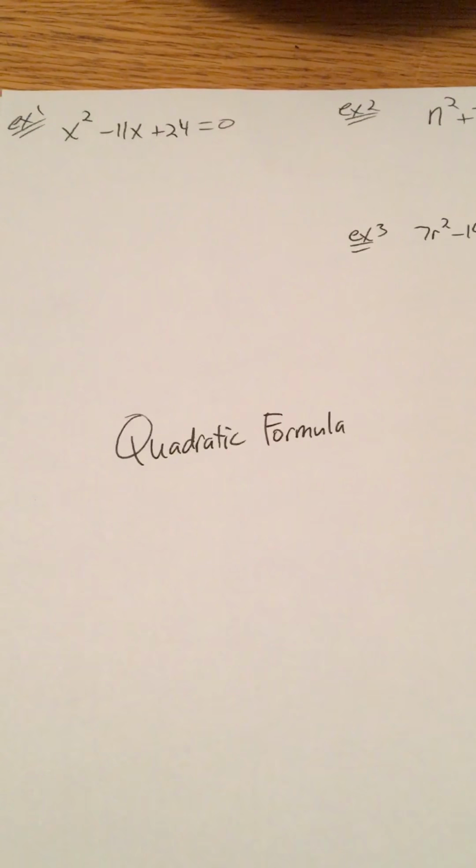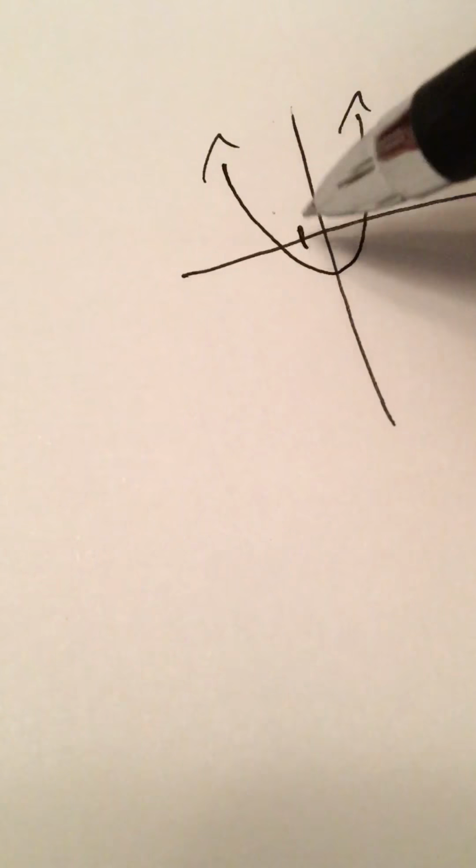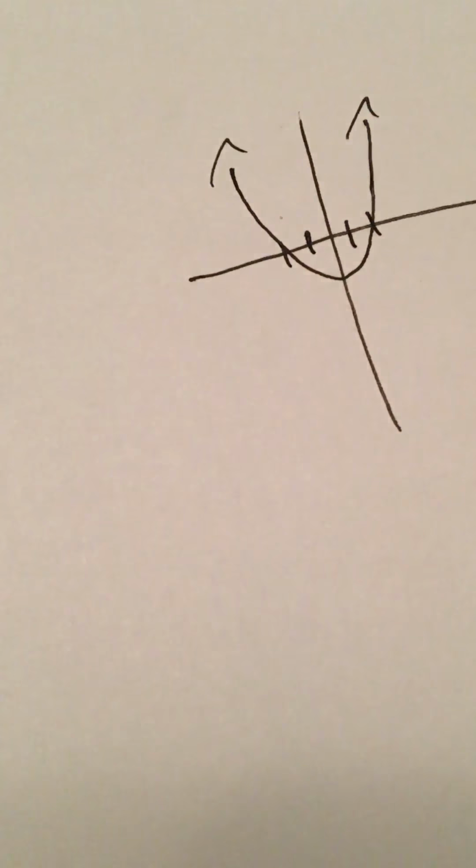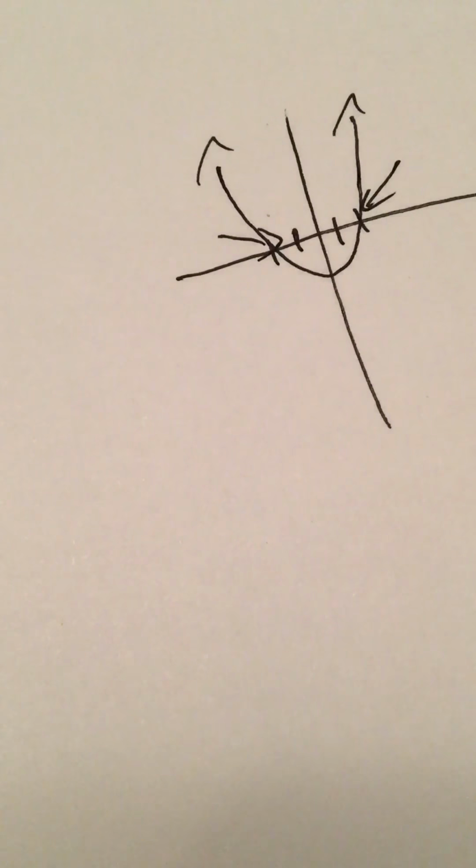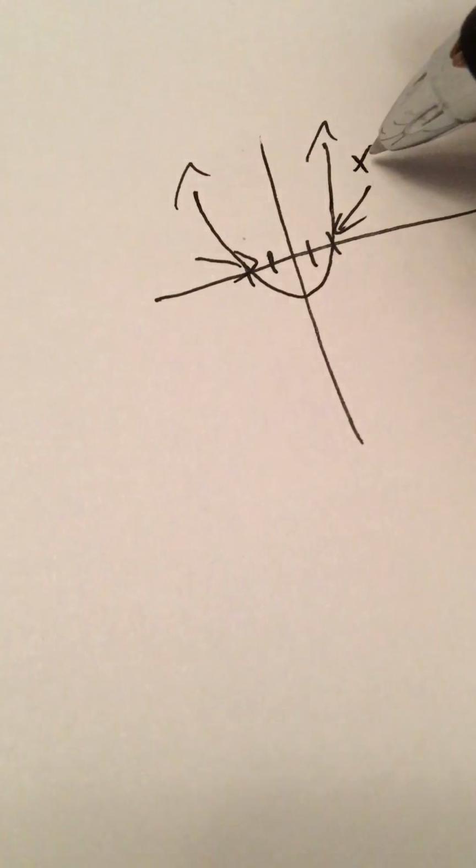So in the past, we've looked at, I might come over here for a second. Lately, in at least my Algebra 2 classes, we've looked at what a quadratic function looks like, and it always makes a U shape, or we call this a parabola. And the part where it crosses the x-axis, right here and right here, in this particular example, are called the x-intercepts.